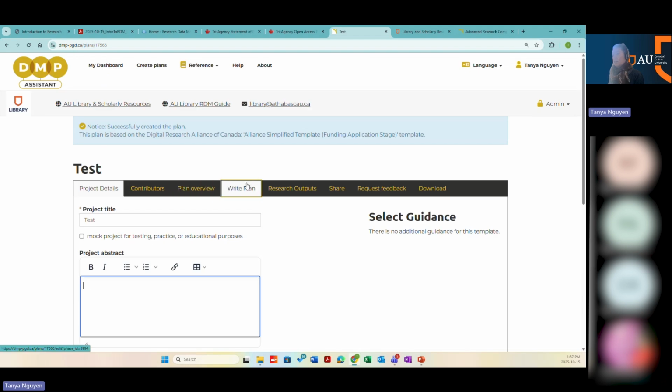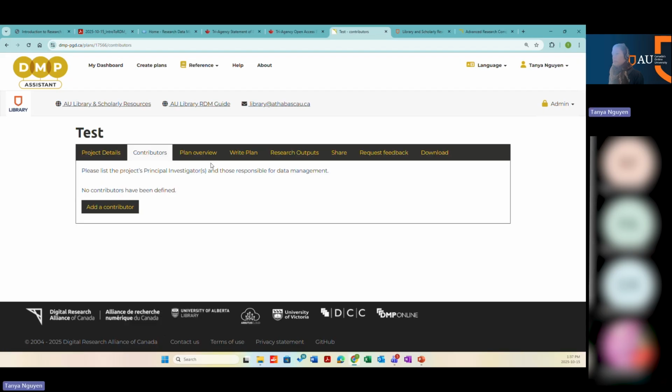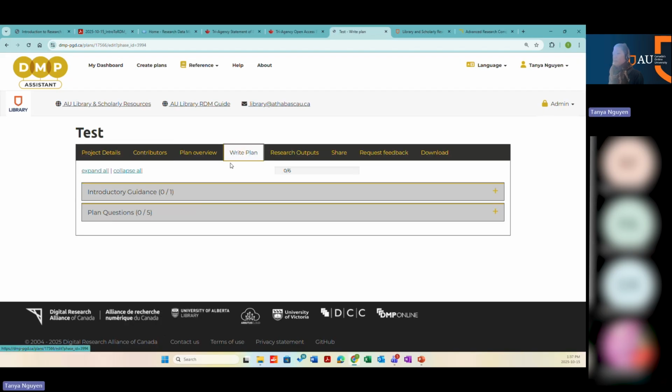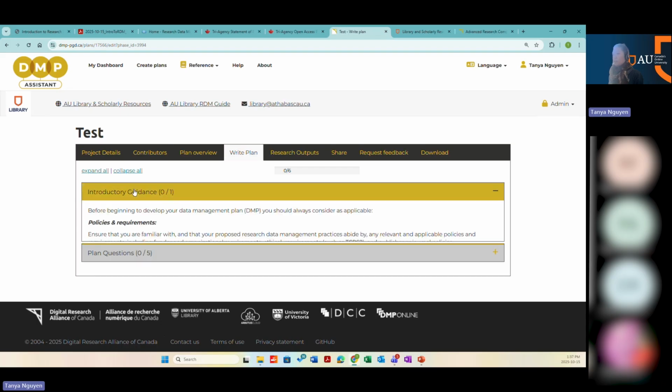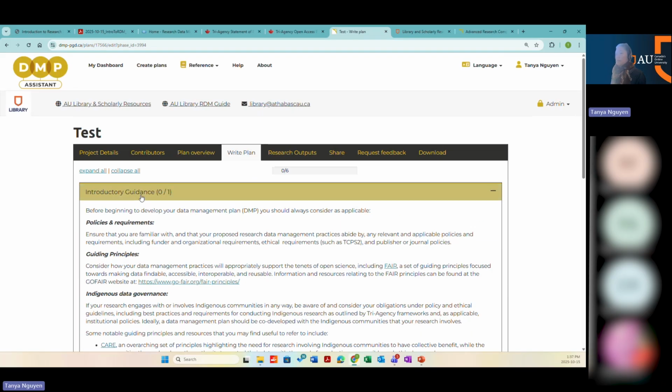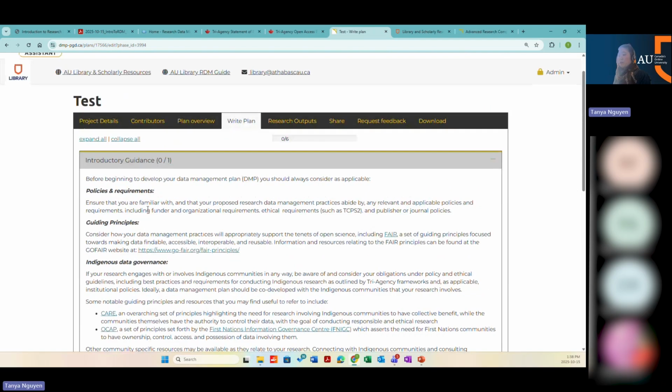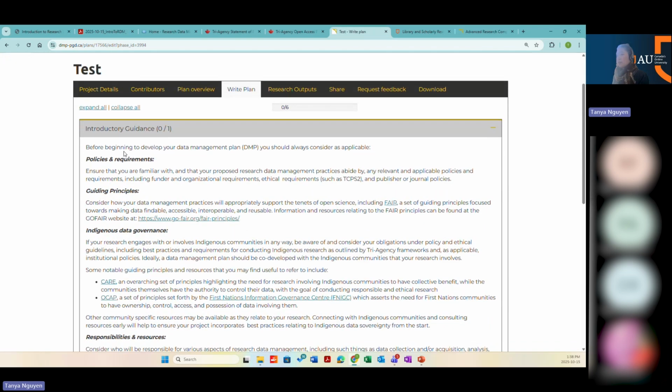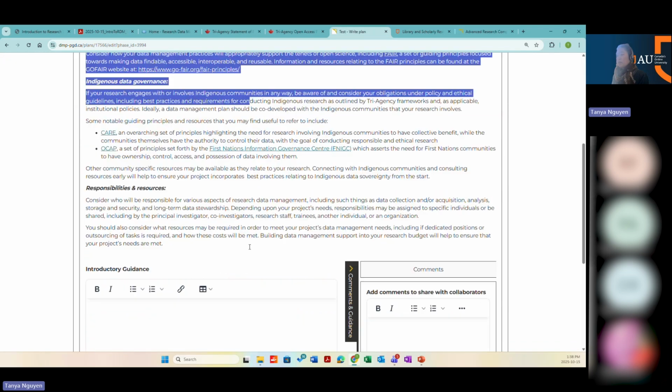And you can add contributors that are part of your plan. And this is kind of like the more meat and potatoes part of it, where you're writing your plan. And the simplified plan has 5 overarching questions, and they have guidance as well here.